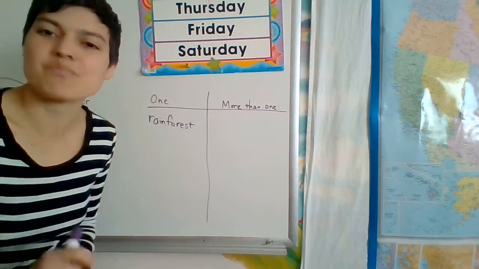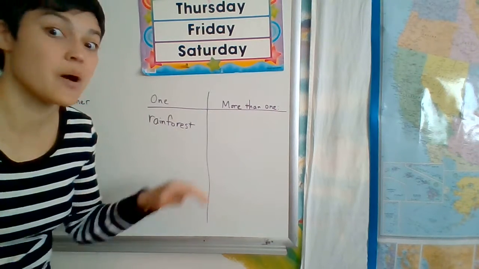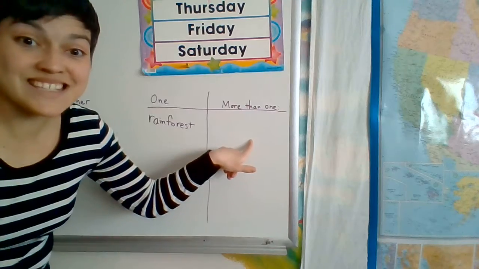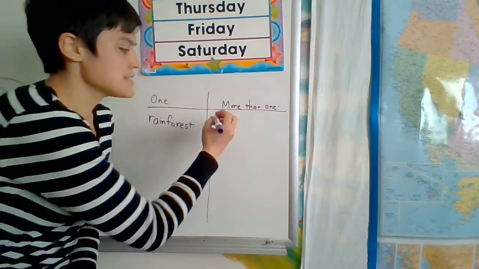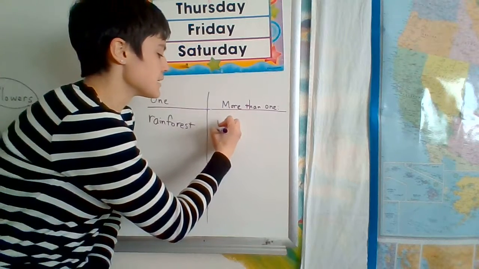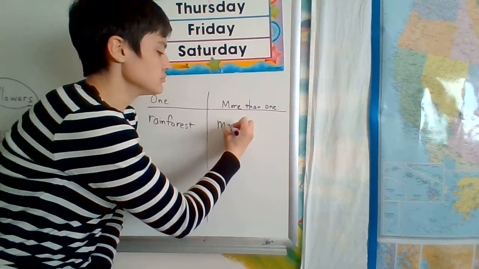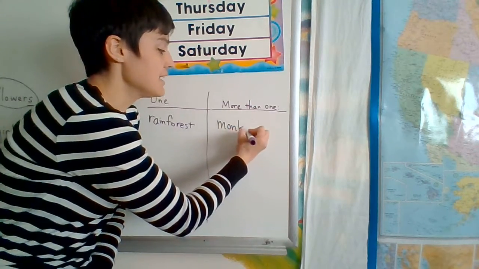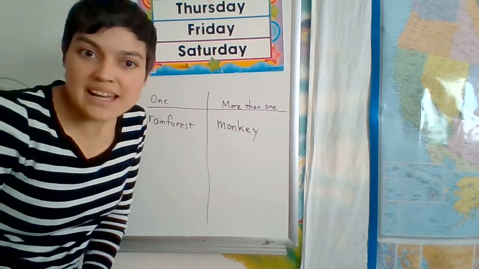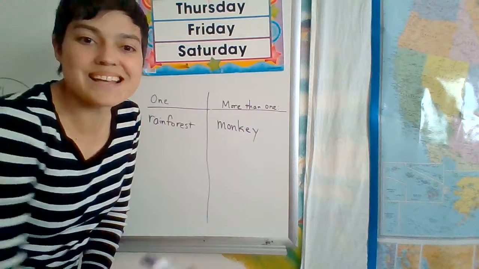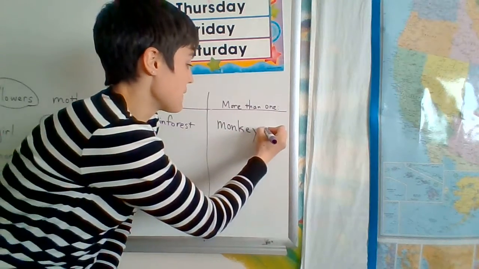But I want to list more than one monkey. So I will write monkeys under the more than one column. Okay, so watch, monkeys. M-O-N-K-E-Y. And what do I add to the end? S. That's correct.